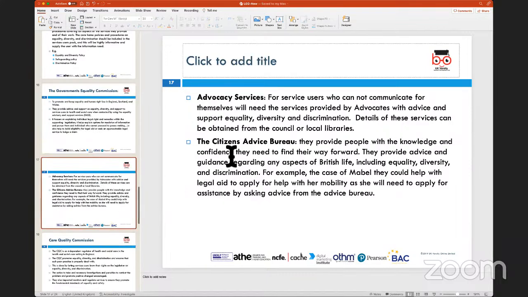Now, the third source would be advocacy services. So when we talk about advocacy services, do you know the meaning of the word advocacy? Anybody? Advocacy, what does that mean? If I look at advocacy services, what does that mean?